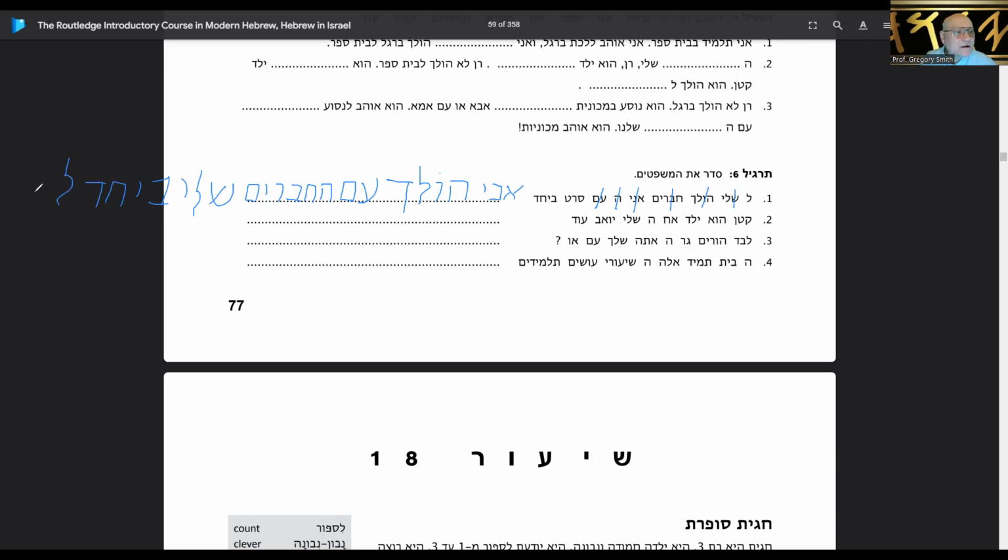And then to the movie, laseret. I ran out of space there, but it should be ani holek im hahavarim. So I am going with the friends sheli, in other words, my friends, the friends belonging to me, bayahad laseret. So that's what I can get out of that.